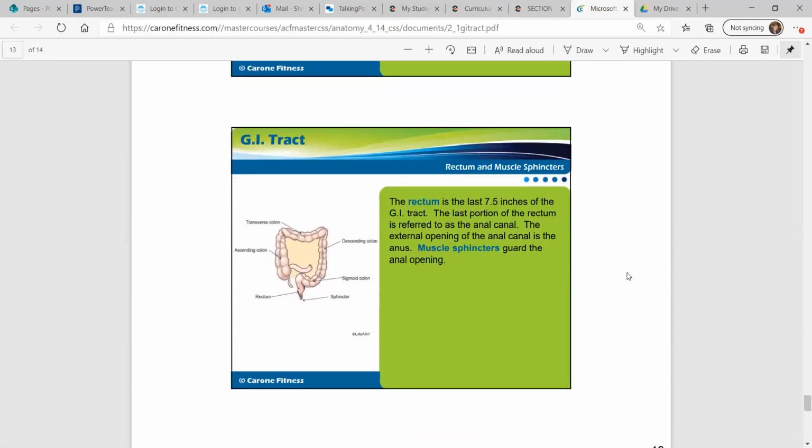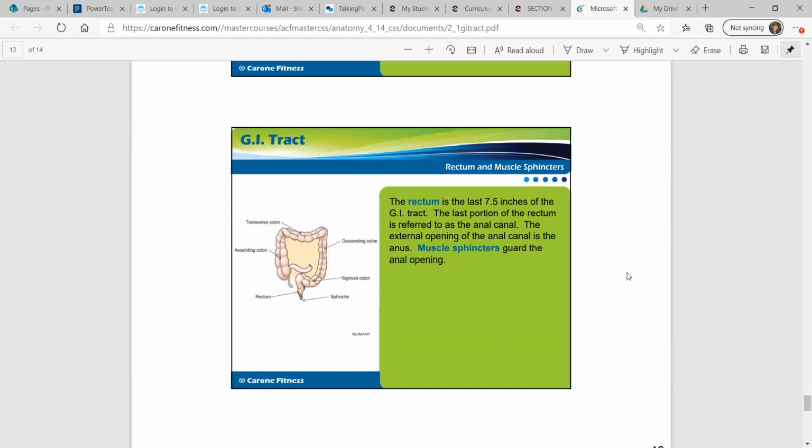And the rectum is the last 7.5 inches of the GI tract. The last portion of the rectum is referred to as the anal canal. The external opening of the anal canal is the anus.